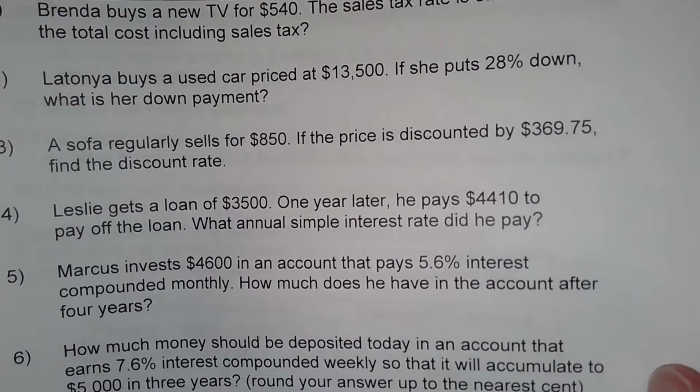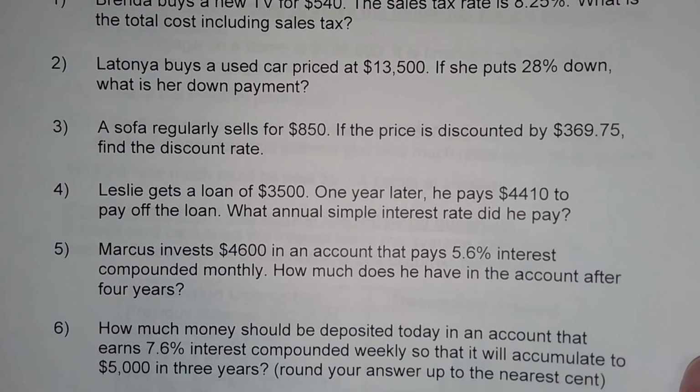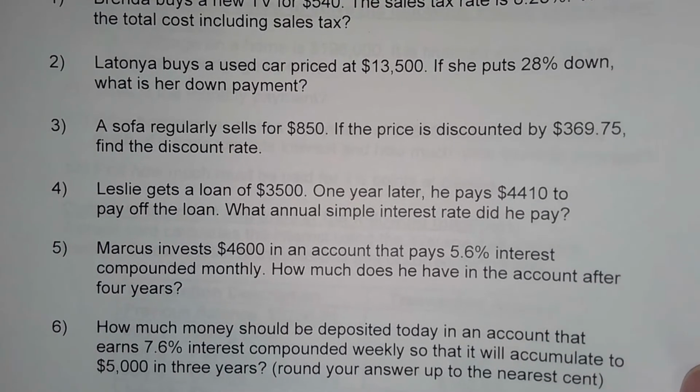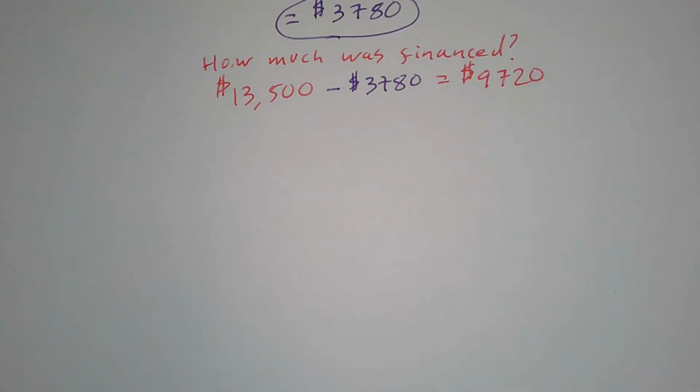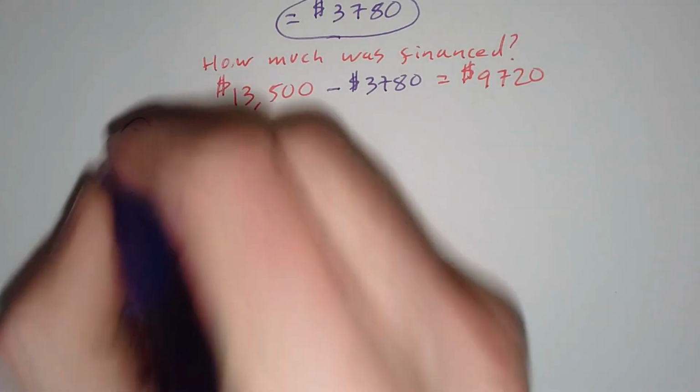Let's take a look at number 3. A sofa regularly sells for $850. If the price was discounted by $369.75, find the discount rate. So they already gave us the discount.